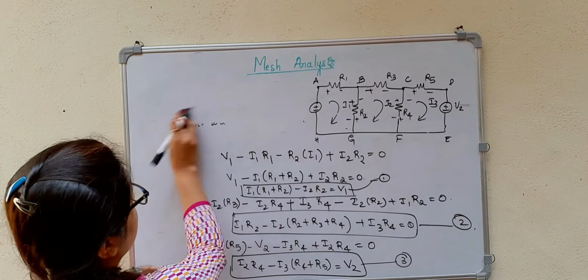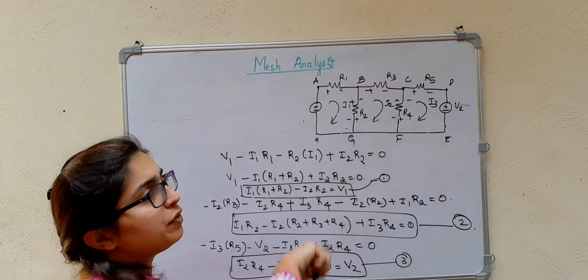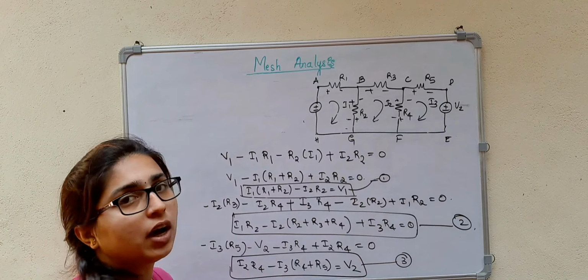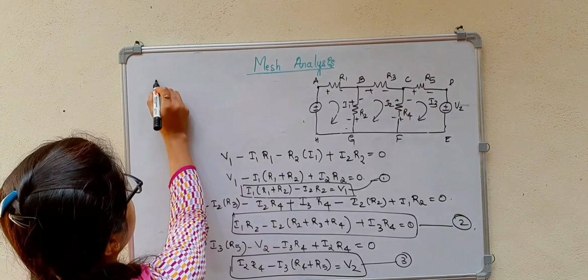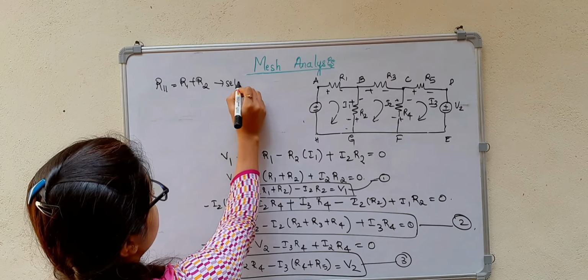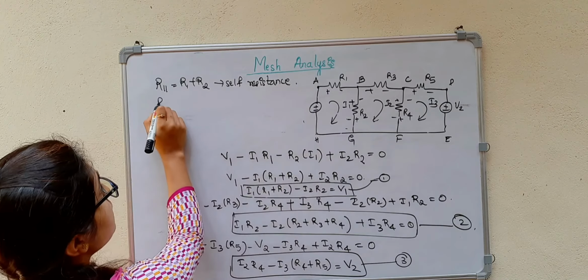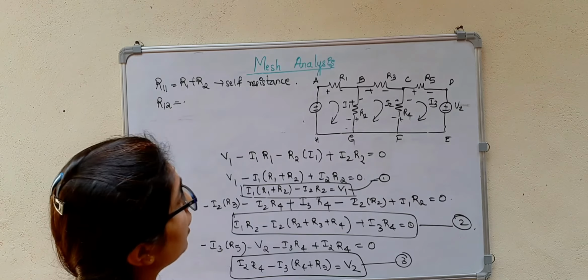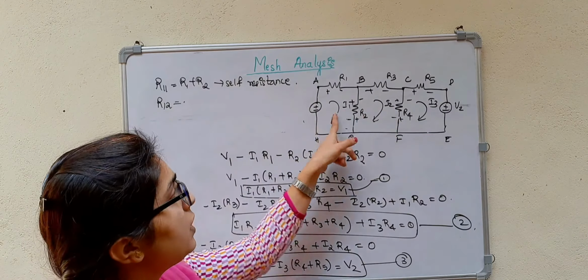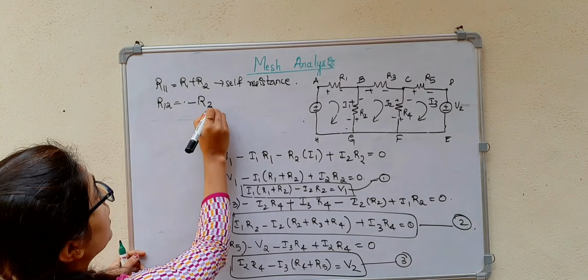Generally we will have I1 (R1 plus R2). When we consider the first mesh, the resistors in the first mesh are R1 and R2. So R1 plus R2 can be considered as R11, the self resistance. If I consider R12, the resistance which is common to both the first mesh and the second mesh, that will be R2, so it is equal to minus R2 here.